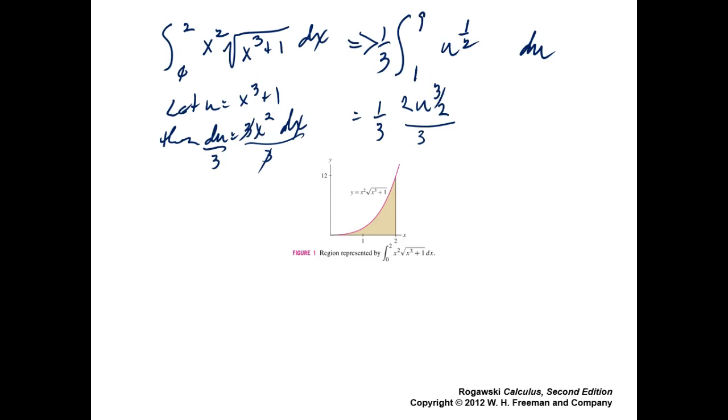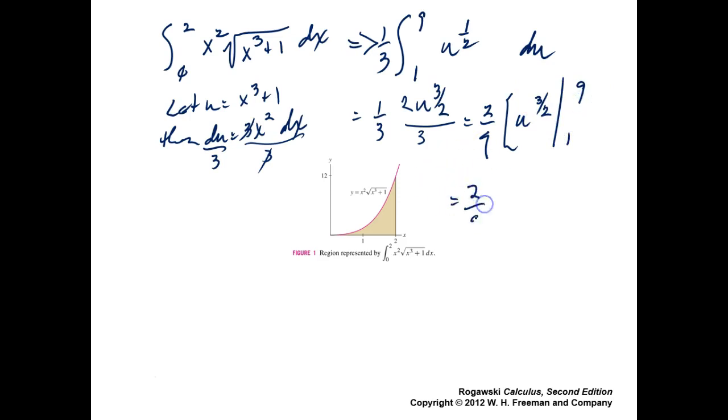Before I do my evaluation, I'm going to pull out those constants. That's going to be 2/9 u to the 3/2 evaluated from 1 to 9.